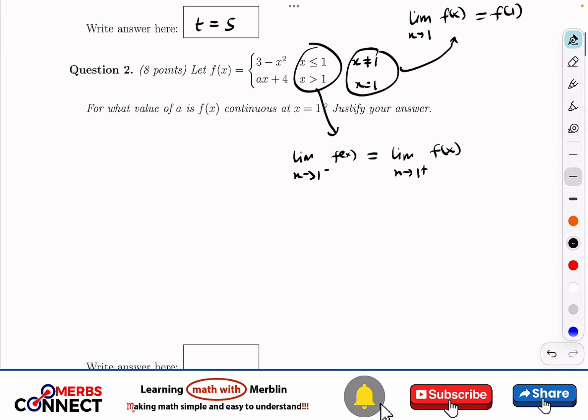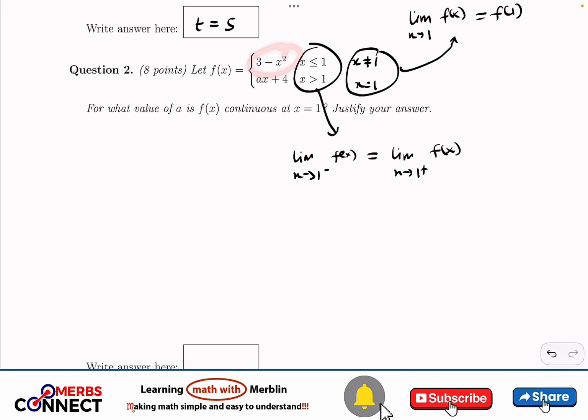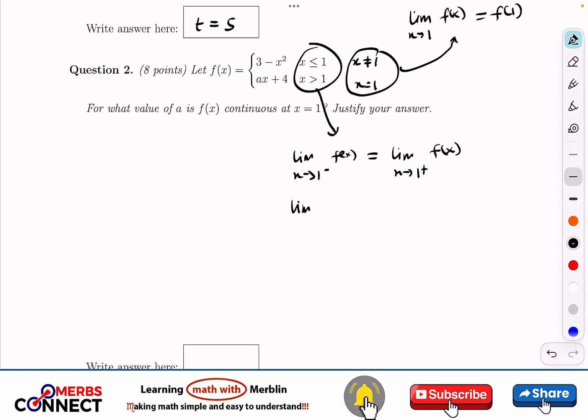So now let's use this. From the left is the one where x values are less than 1, so we are going to use this. We are going to have the limit as x approaches 1 from the left of 3 minus x squared, and it should be the same as the limit as x approaches 1 from the positive side of ax plus 4.